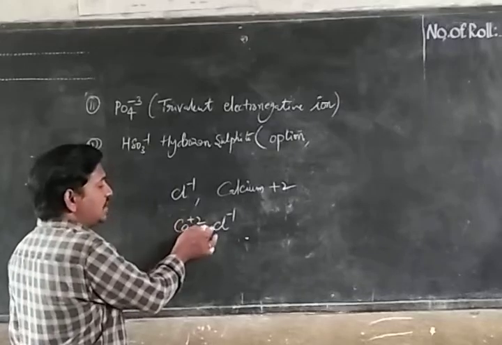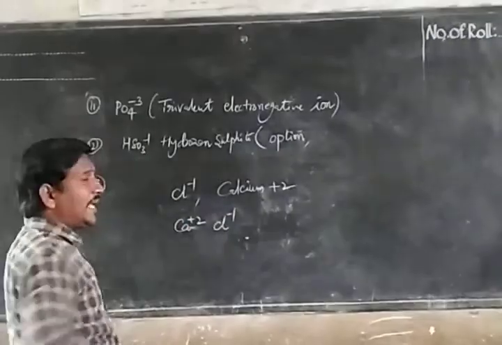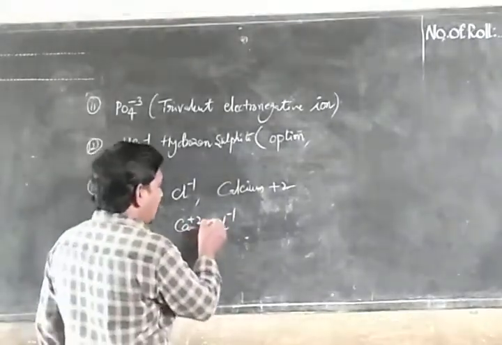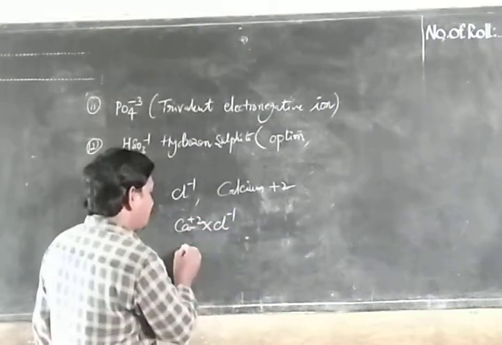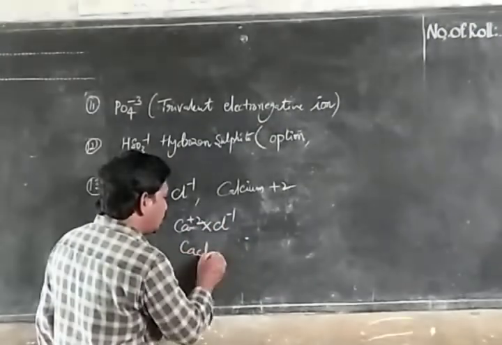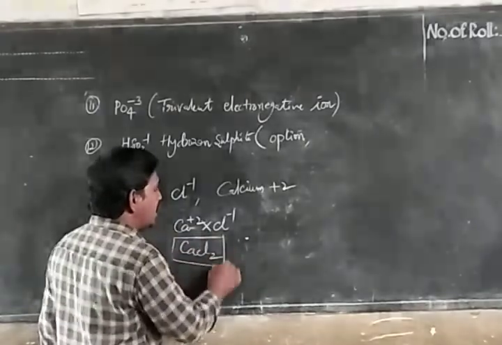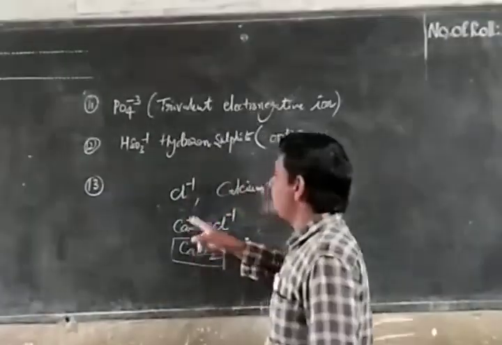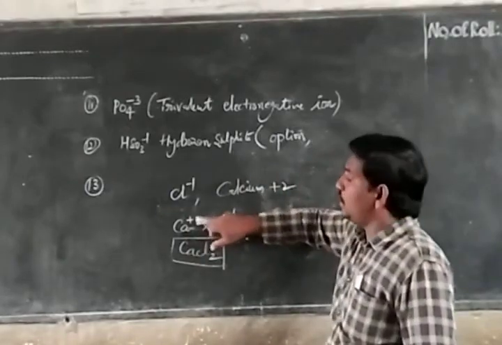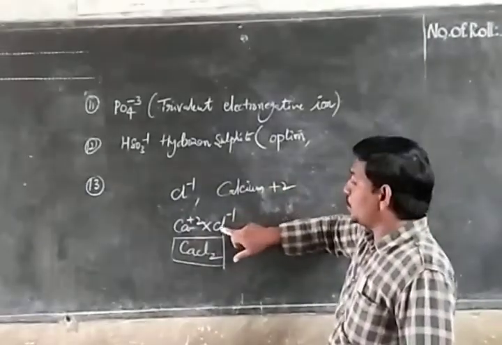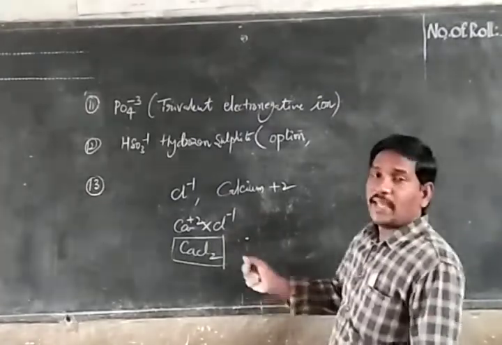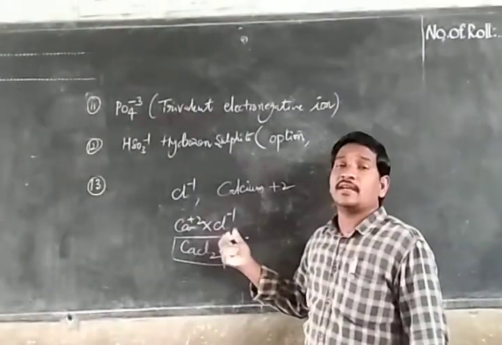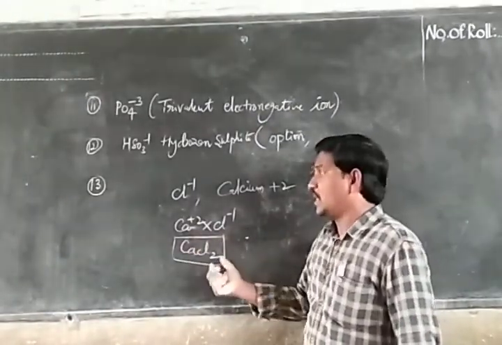Apply the crisscross method for getting the formula CaCl2. CaCl2 is a compound.